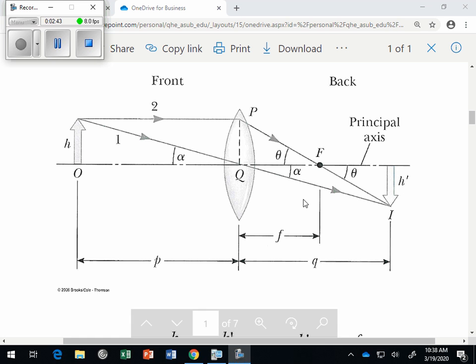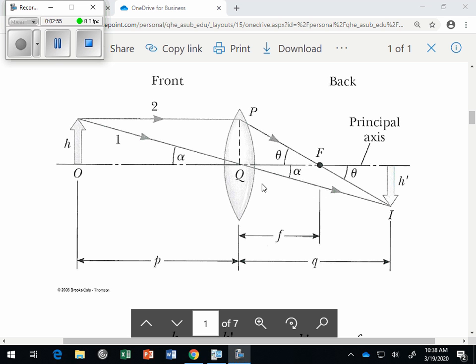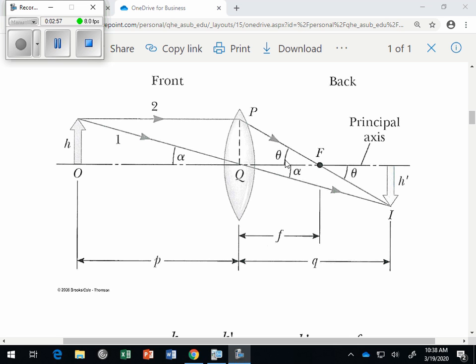So now we look at this angle. Again, h and h prime are the height of the object and the height of the image. Now we look at this angle, theta.